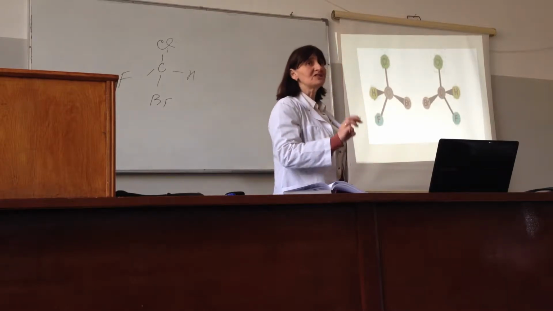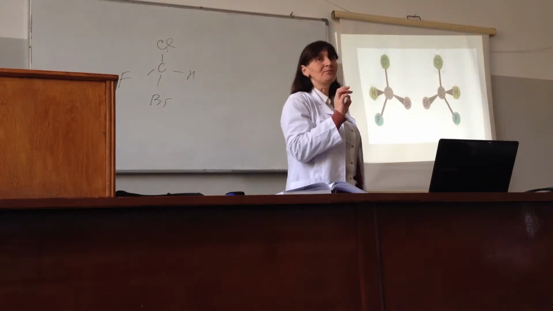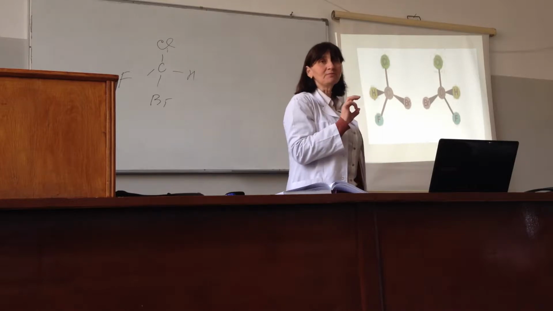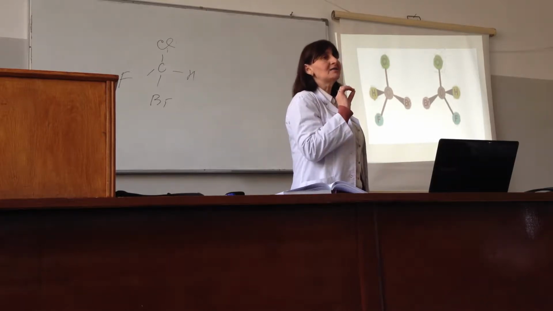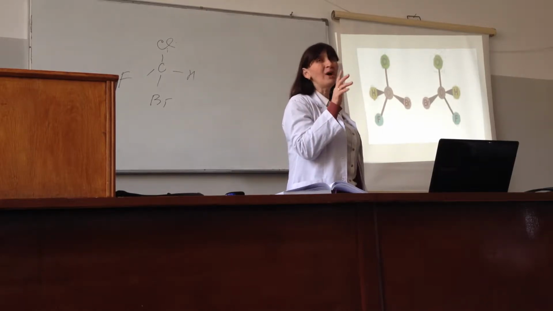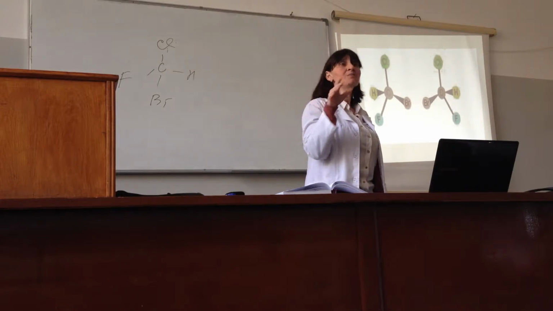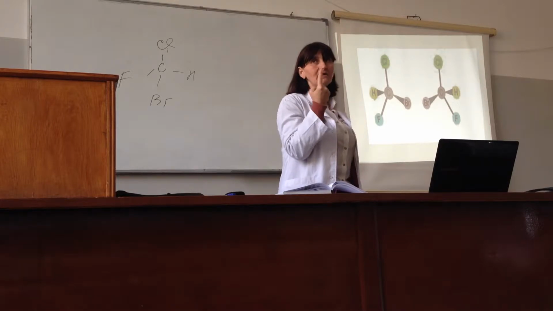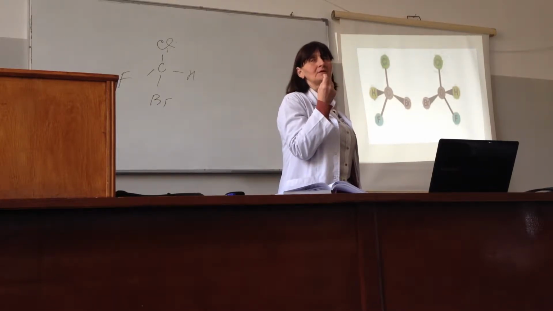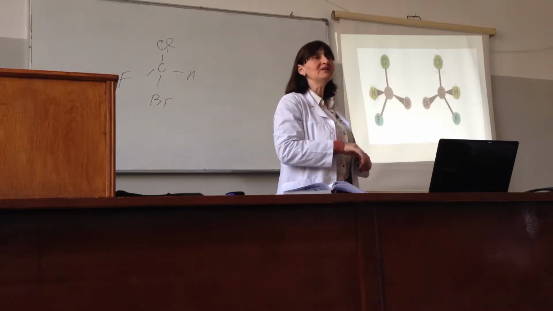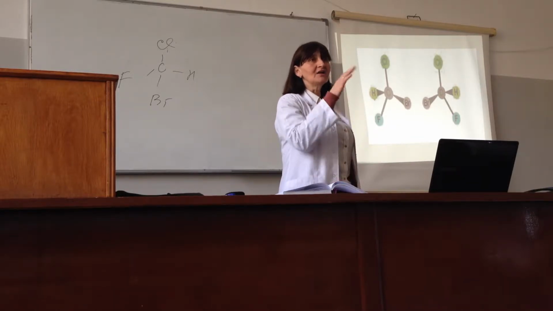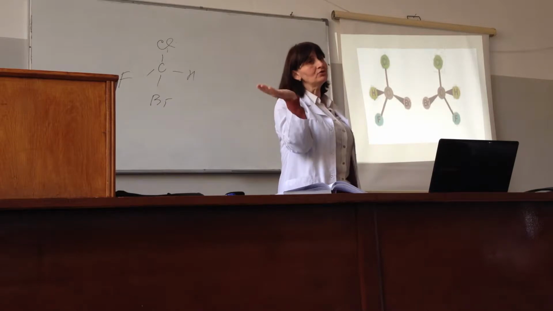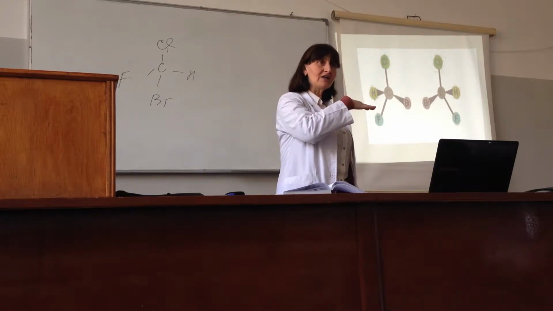Enantiomers have the same physical properties, the same chemical properties, but they have some differences in biological activity, and one physical property is optical activity. This is their ability to rotate the polarized light plane to the left side or to the right side.